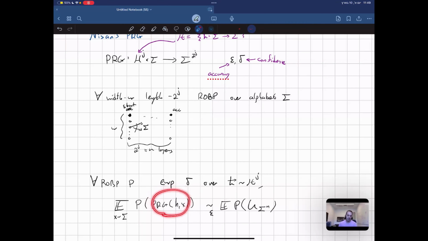When you use this instruction to walk from the start state to the last layer, the fraction of times you get to the accept state is roughly, up to epsilon, the accuracy parameter, the probability of getting from the start to the accept state under the uniform distribution over sigma to the N.